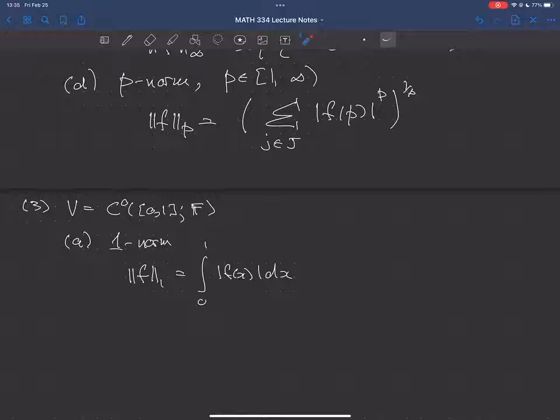Okay, so we know that a continuous function on a compact subset of Euclidean space, in fact, any compact subset, is bounded. And so what that means is that this thing will be bounded, and therefore because now I'm integrating a bounded function over a bounded domain, the integral will be finite. Okay, so this thing is well defined.